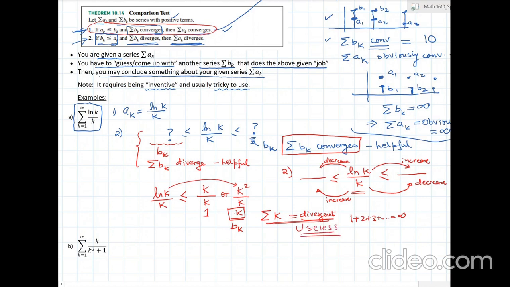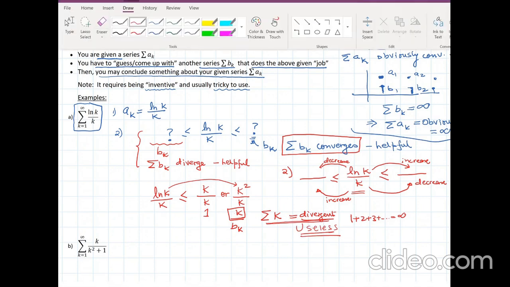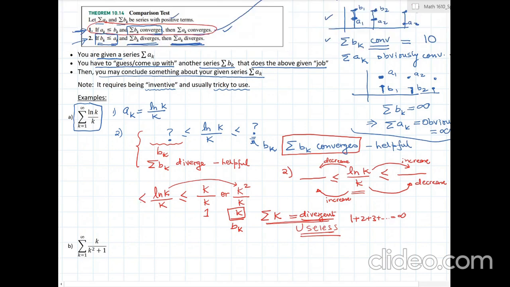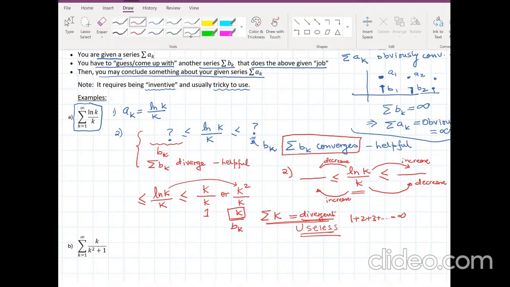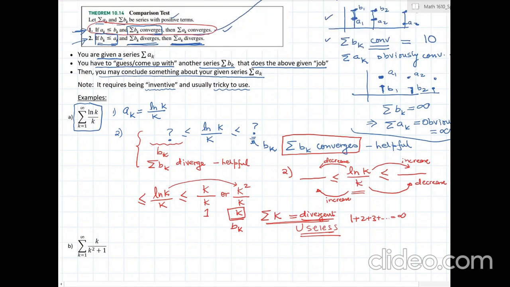So how about if I go on the other side? Okay, so how do I go on this side?